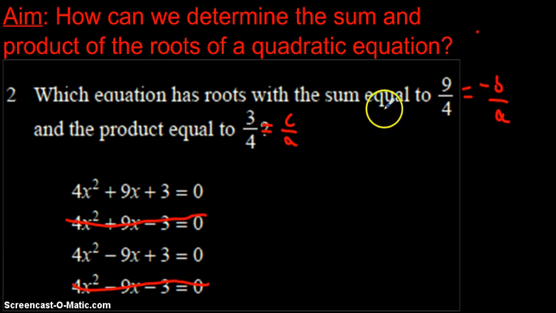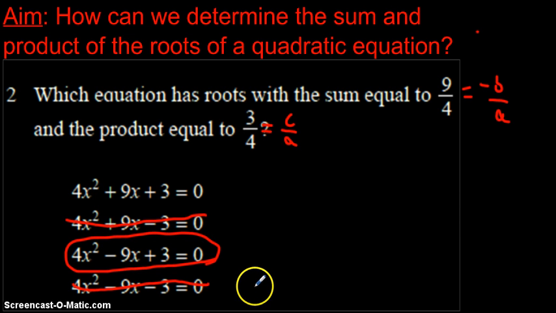It is possible that these have been simplified, so we'll keep that in mind. A should be 4, and since b is negative 9, that would mean it should be negative of that value, so it should be this one. Okay.